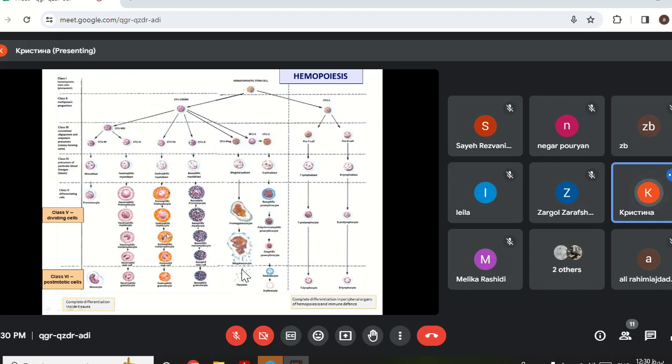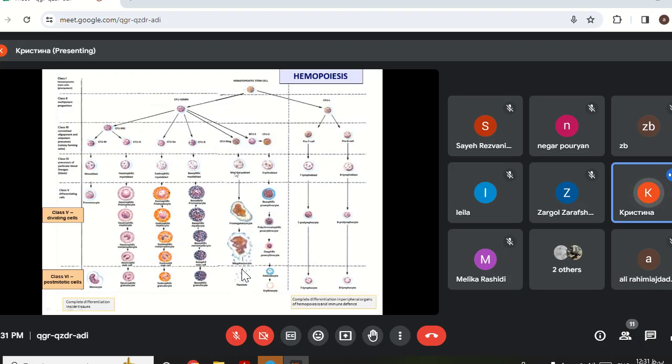It is condensed, so we can see here the pycnosis of nucleus, and its shape changes from round to segmented. Eosinophilic stab cell has curved nucleus, and finally eosinophilic granulocyte is the cell with two segments of nucleus connected with thin bridge. And this is the post-mitotic class 6 cell which can exit red bone marrow and go to blood.